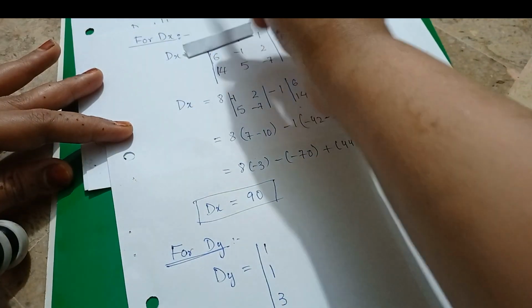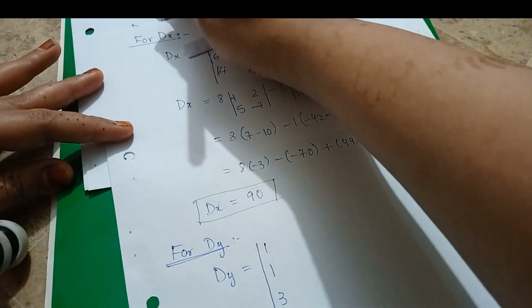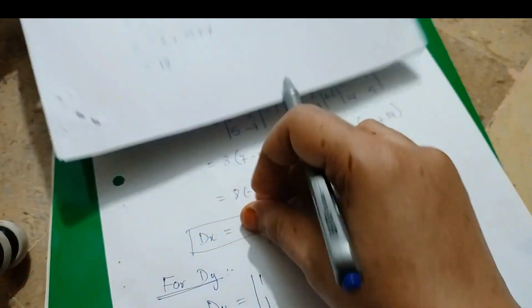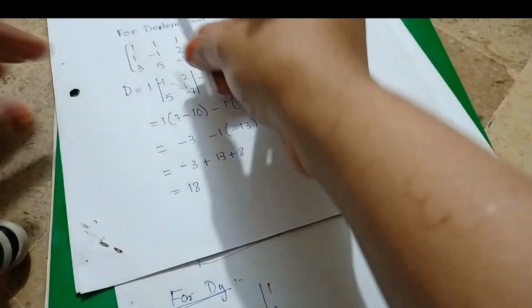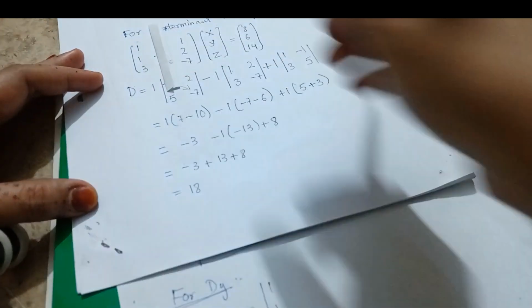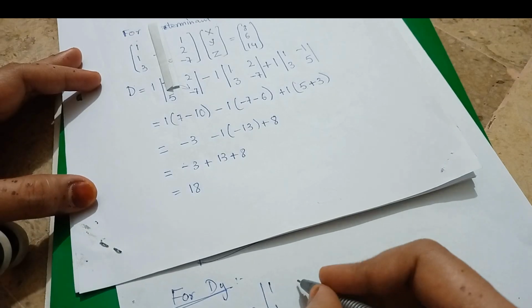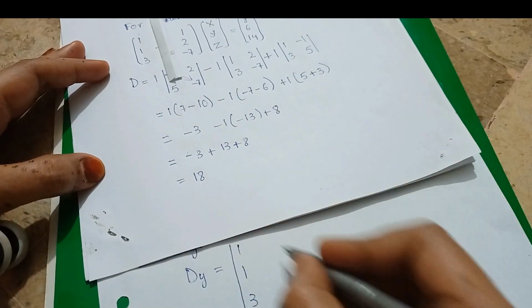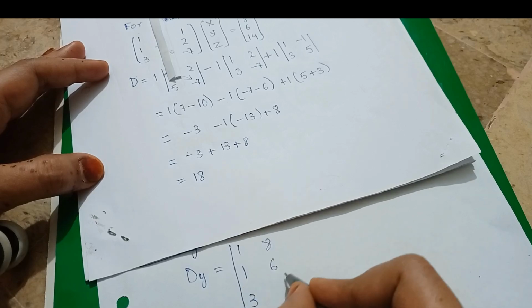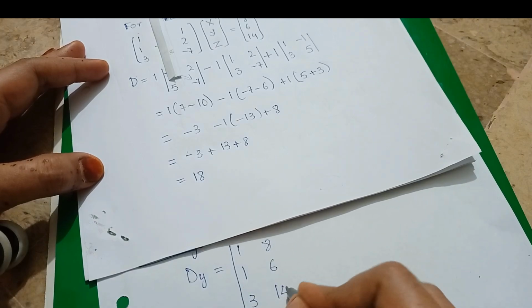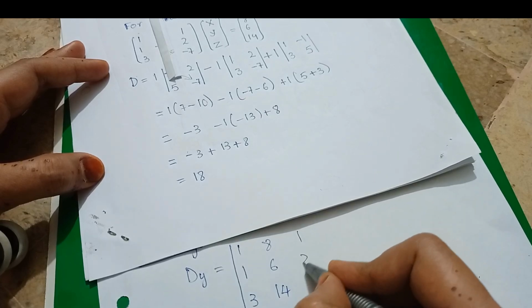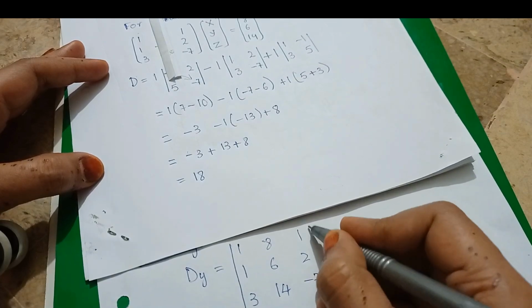Replace this value, I replace this value from this 8, 6, 14. Then 1, 2 minus 7 for dy.